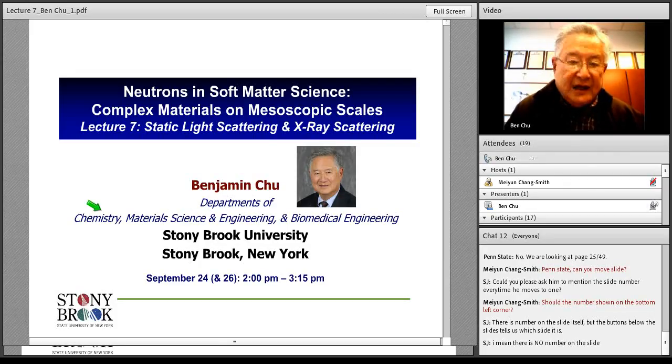So 14 is a relationship between the real space, which is here, and the reciprocal space. And that's really the key point of importance.